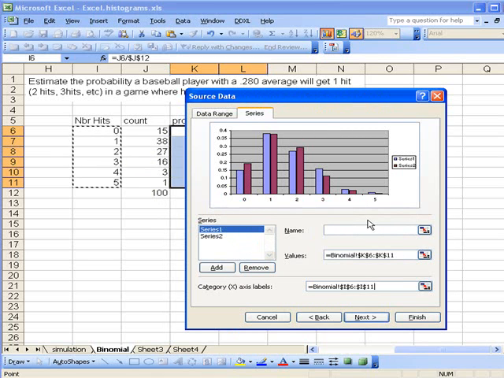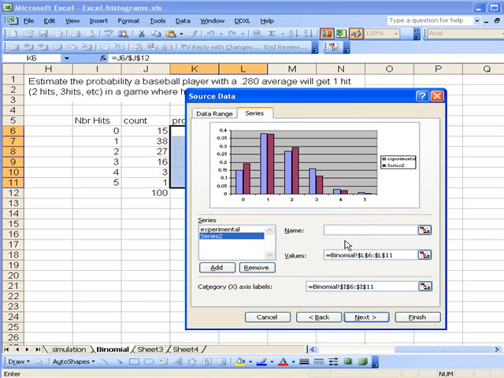Now, because we have two series here, maybe we want to give them a name. The first series was the series in column K. That was the experimental probability, so I'll put under the name experimental. And let's go to series 2, and we'll call that theoretical.